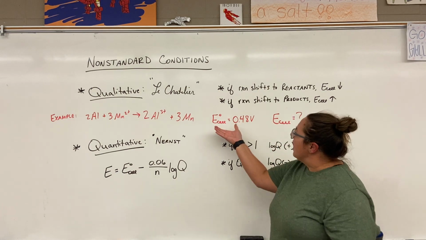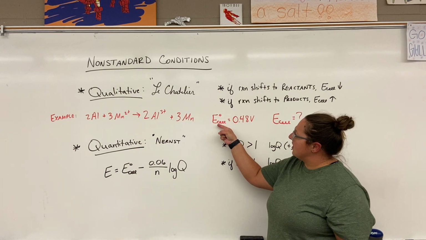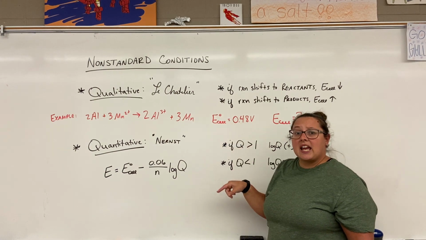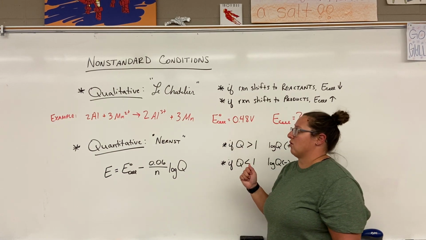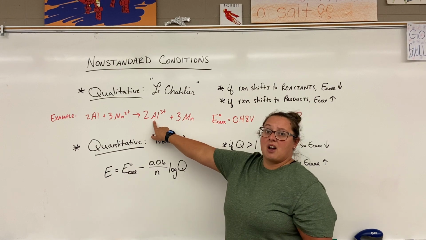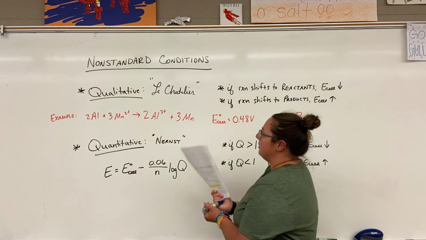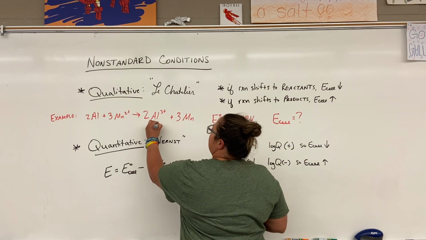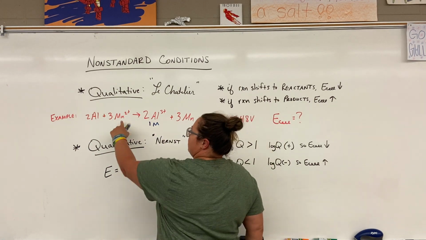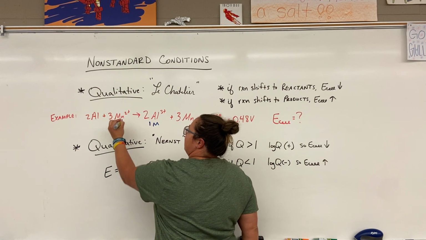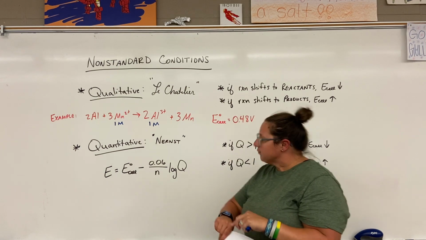So when we go and we calculate our standard Ecell and we're plugging in those standard reduction potentials, we are assuming that the concentration of the aluminum here is 1 molar and that the concentration of the manganese here is 1 molar as well.